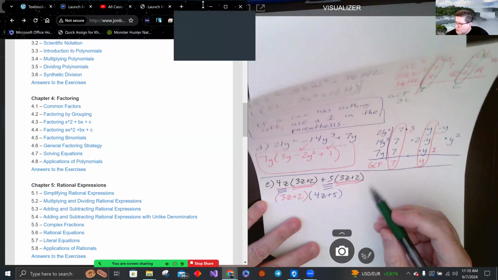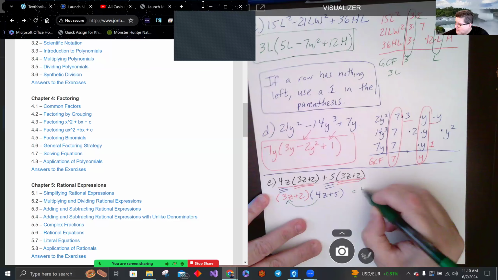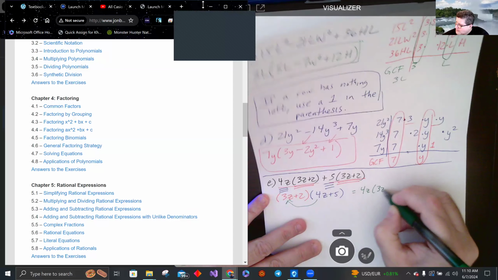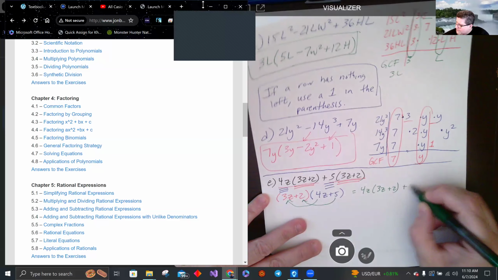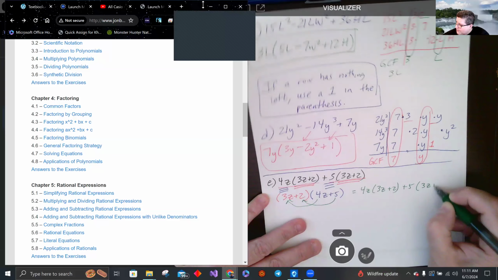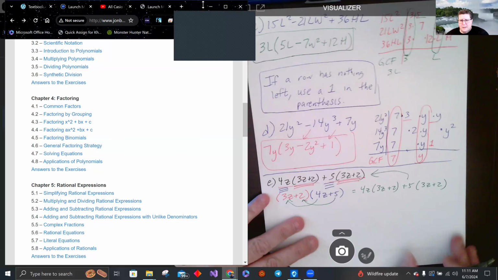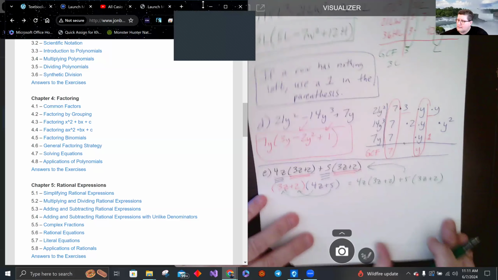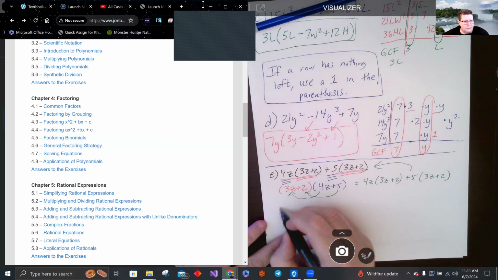Just distribute partially. 4z times that, and then plus 5 times 3z plus 2. So yeah, it does get it back. Why don't you guys give it a try real quick?